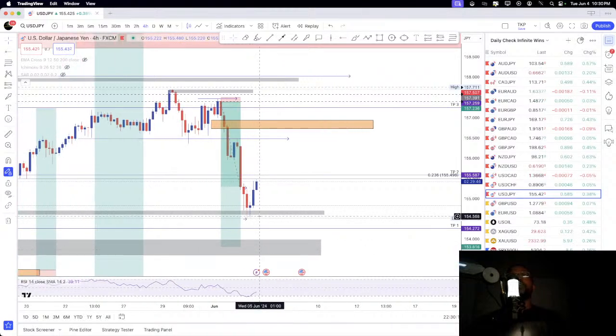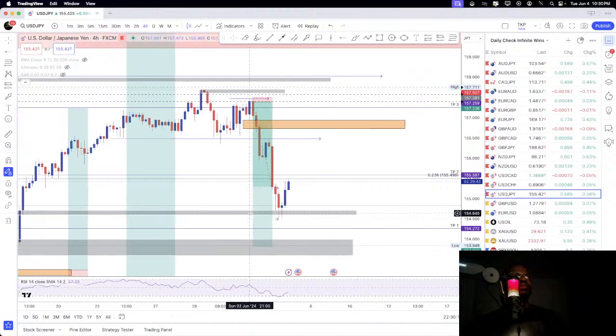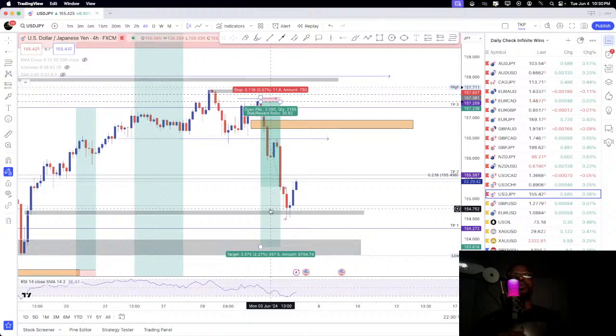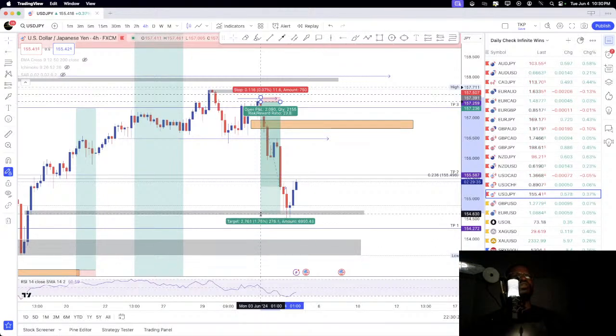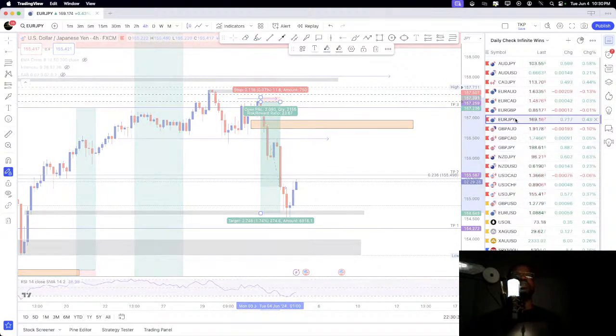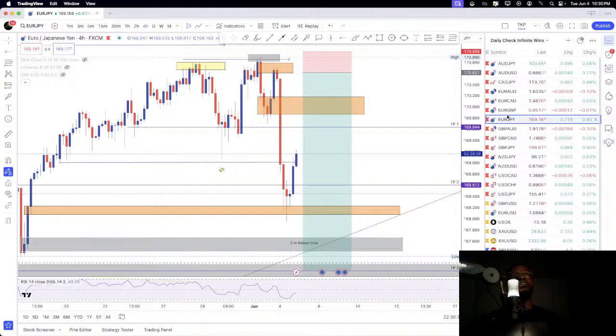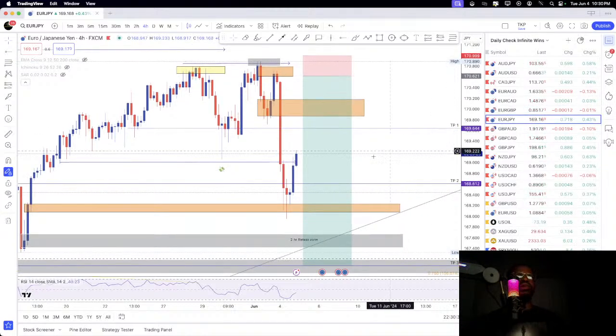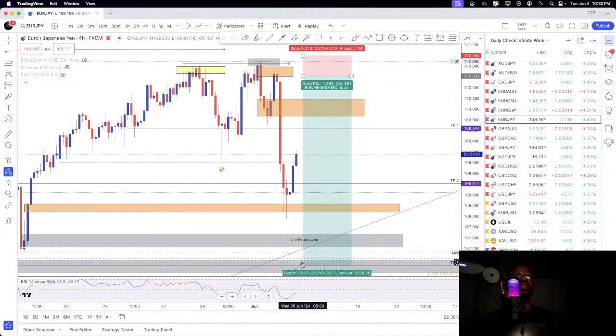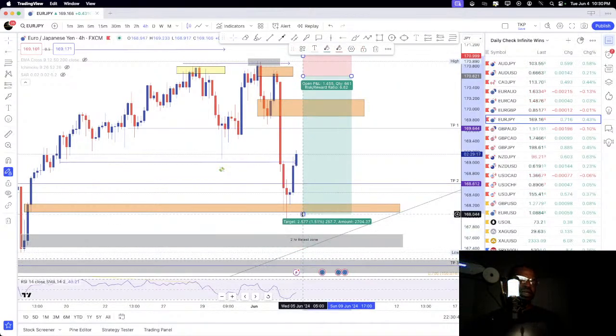V, you were in some of these trades. But imagine this. Imagine catching all of them. If you close right here, there was a 1 to 23 on USD JPY that we called. I'm sorry, on Euro JPY, you close everything right there.